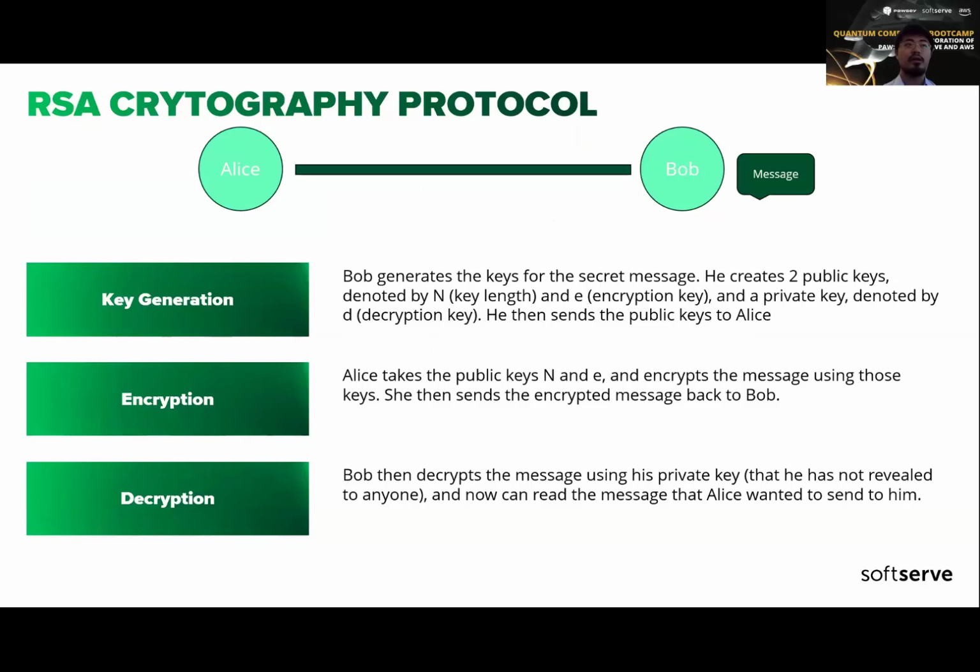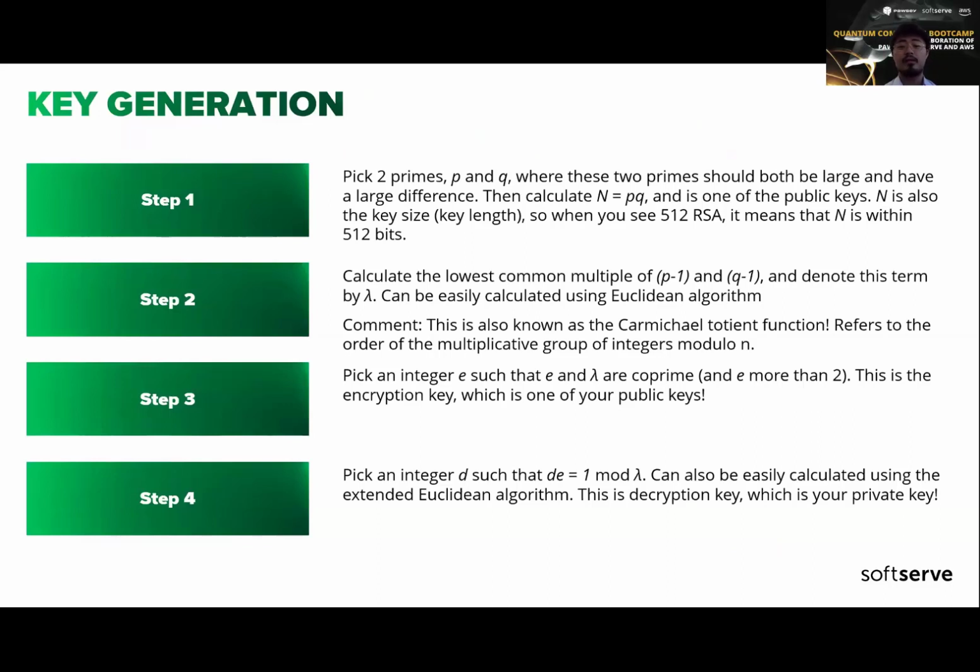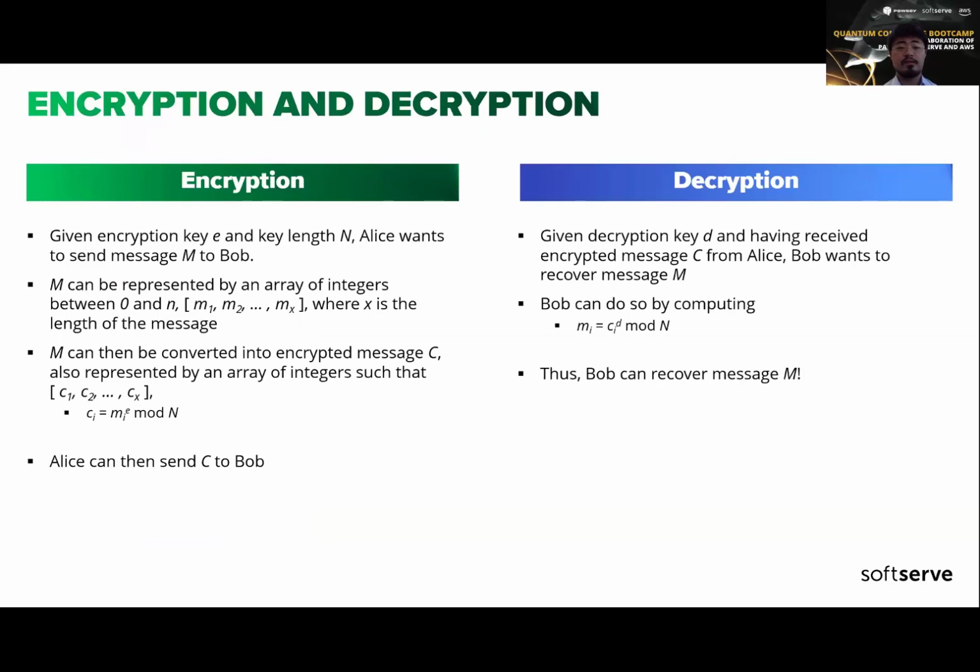The public key encrypts the message using a certain prime, and because Bob has the other prime, he can decrypt it with his other one. So this is the idea behind encryption and decryption using the two primes that are created with the message.